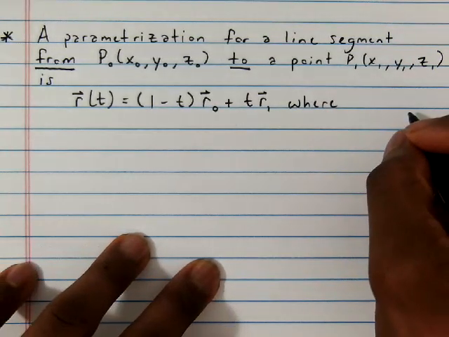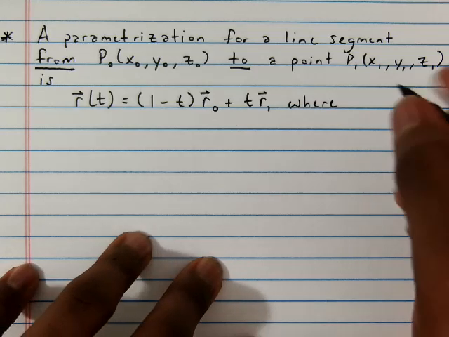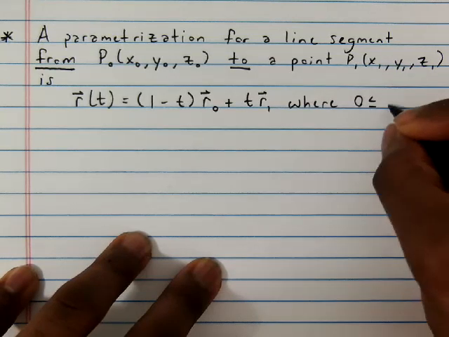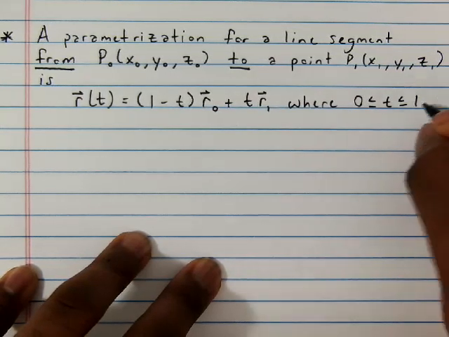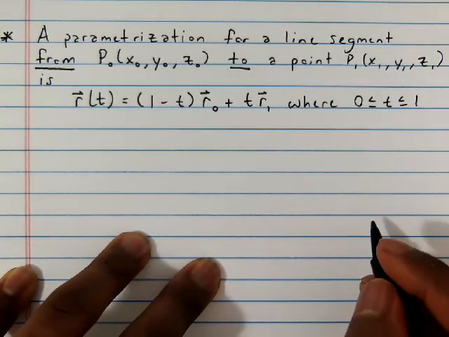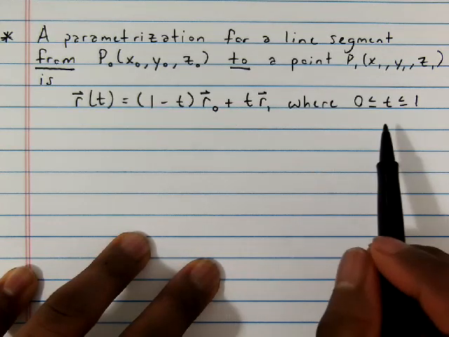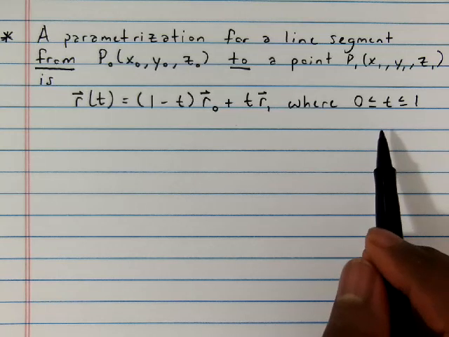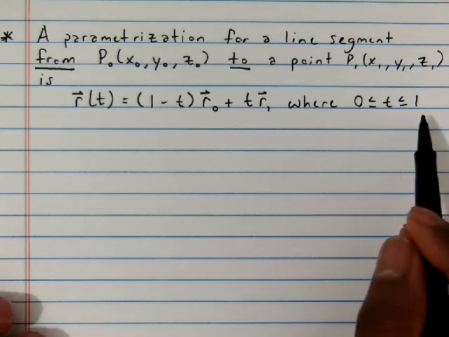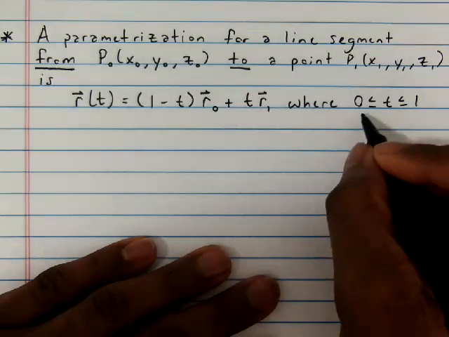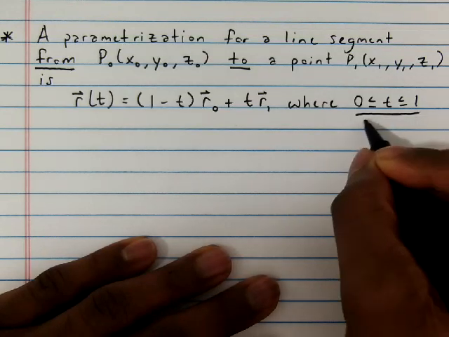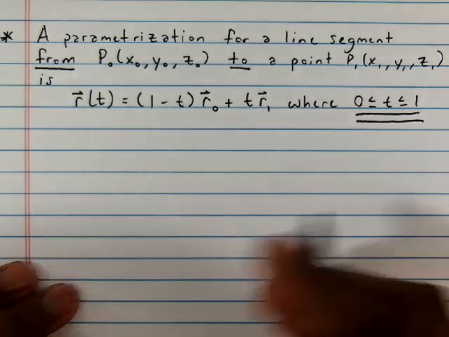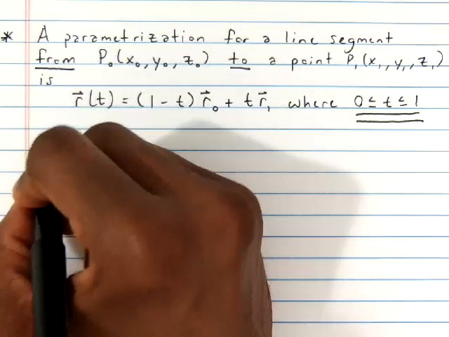where, and it's very important that you specify what t varies between, otherwise you want to make sure that you just get a line segment versus getting a full line. So here t has to vary between 0 and 1.